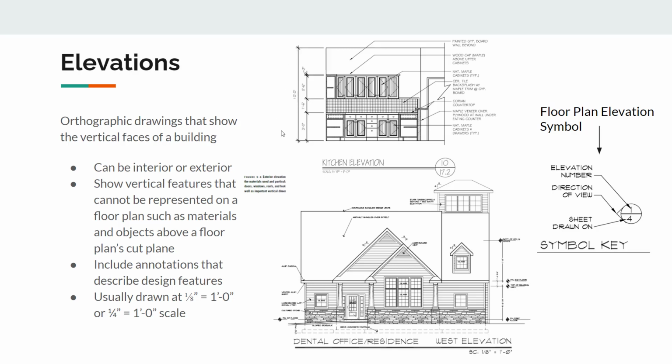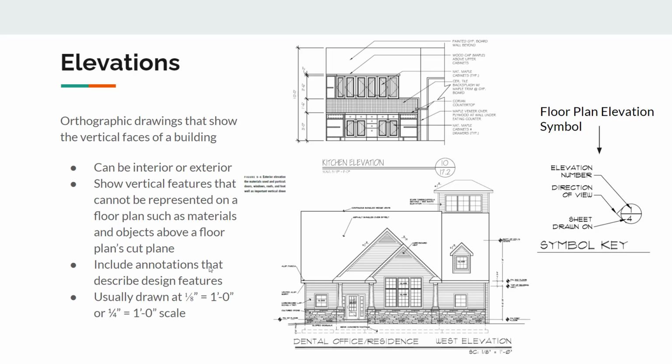All right, the reason why we don't show the horizontal dimensions is because that information is already shown on the floor plan drawings, and we don't want to be redundant with our information. So the goal is to be as concise as possible and not repeat yourself a bunch of times.